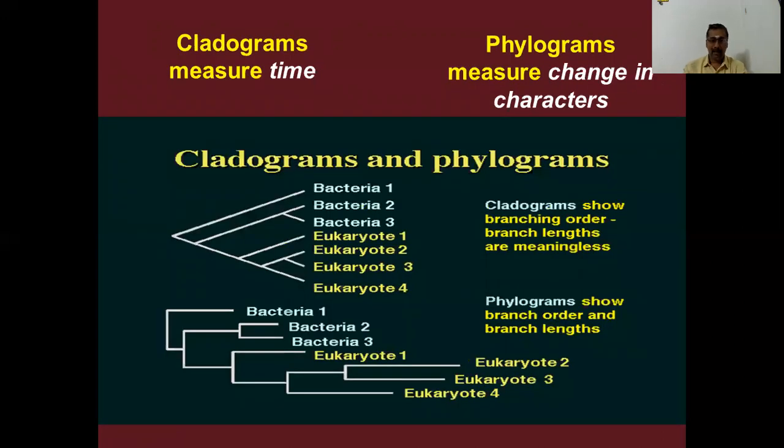Now you can see cladogram measures time, phylogram measures changes or replacements, the number of mismatches which exist across the sequences. In the cladogram, the branch length sometimes may be uniform, whereas in the case of phylogram, you can see the branch length is a little bit non-uniform. Non-uniformity in branch length is very, very important information, not only to find the similarity existing between two species.